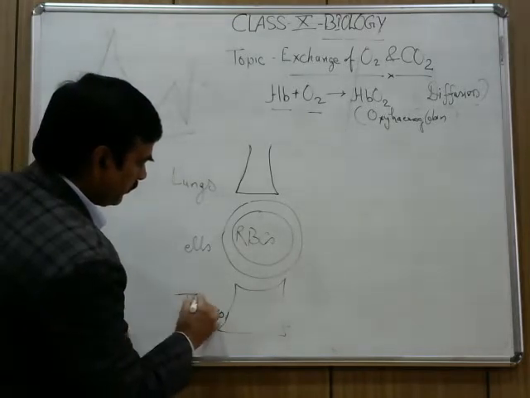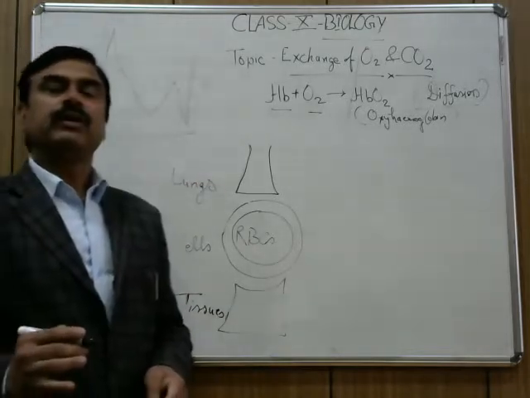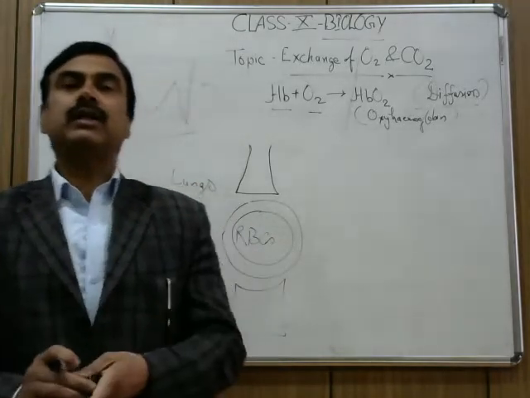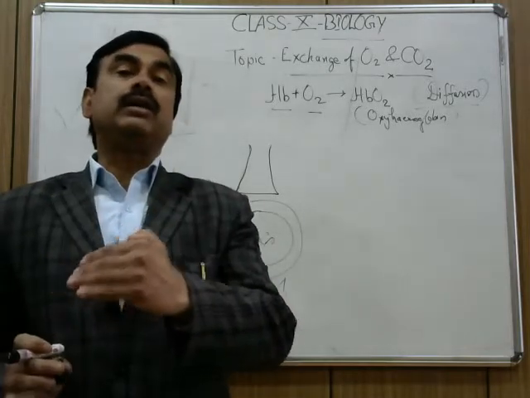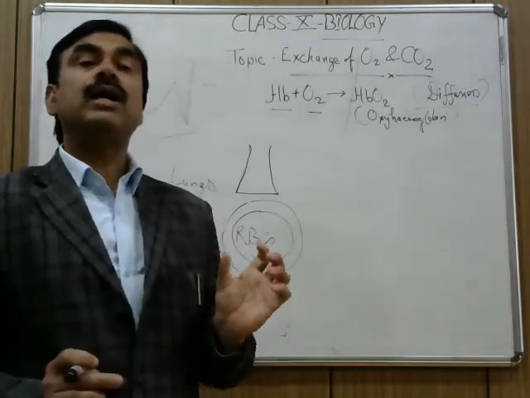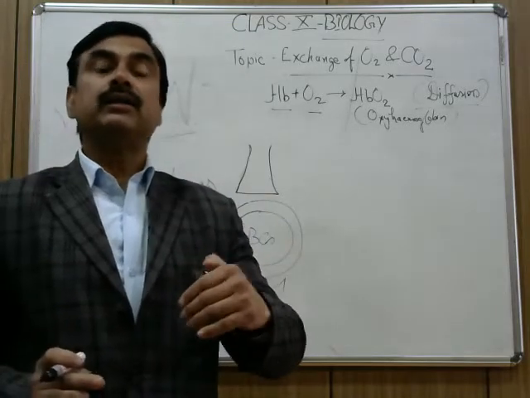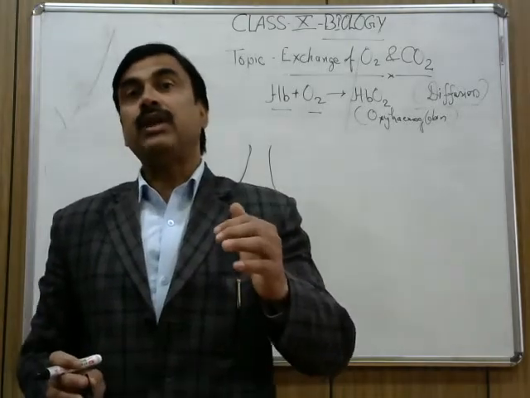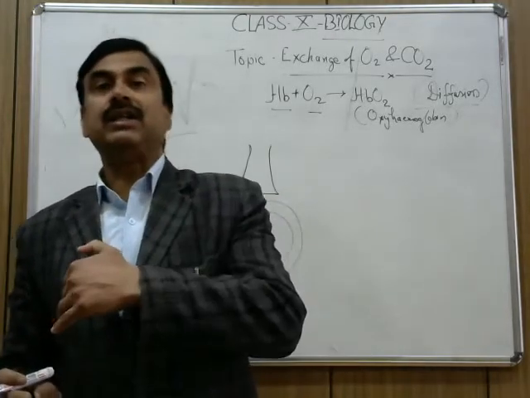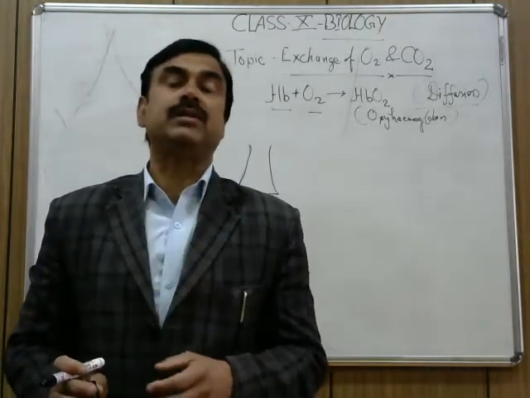Got this? Now, as you know, in the lungs, through the pulmonary artery, through the heart, the pulmonary artery is bringing the impure deoxygenated blood, and then the pulmonary vein is taking oxygenated blood. In the human circulatory system it is there.